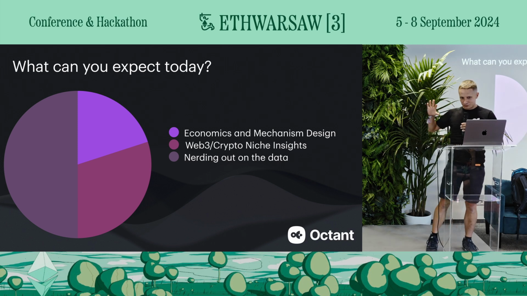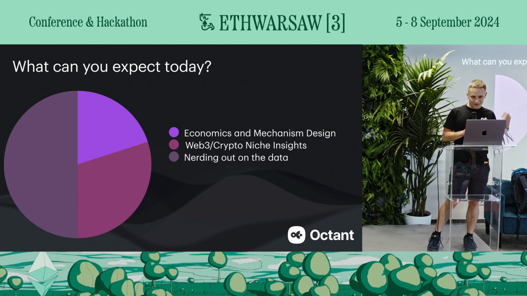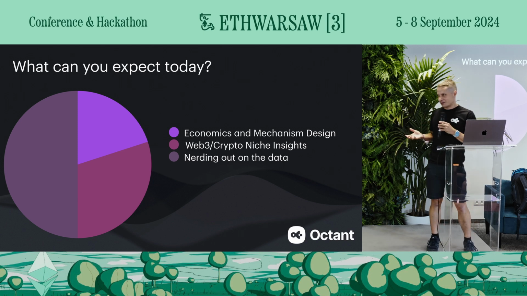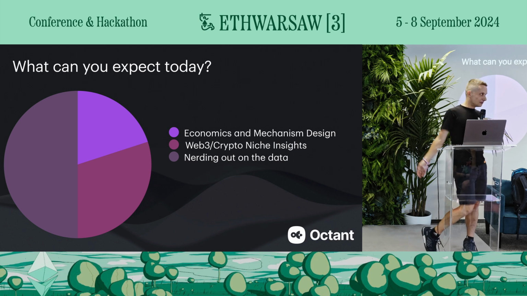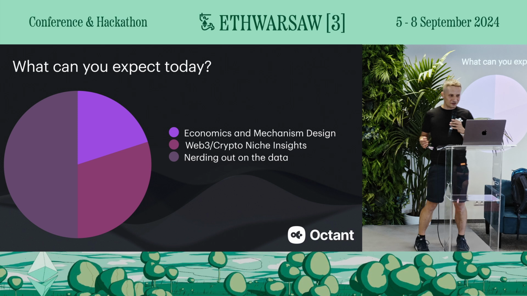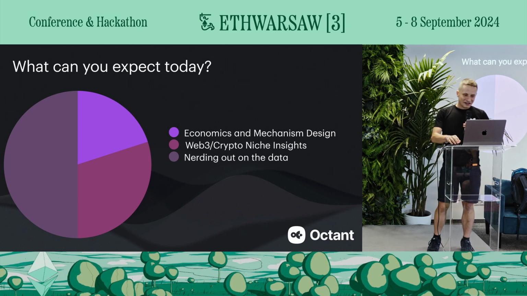Then I will try to move to this more specific application of public good funding, which is the Web3 space. It's kind of similar, but there are some specific aspects to that. And also, we have some very cool data from the first year of Octant operations, so you will also see a lot of charts. It's like why I made yet another chart as an agenda. I thought I would get away with yet another one.